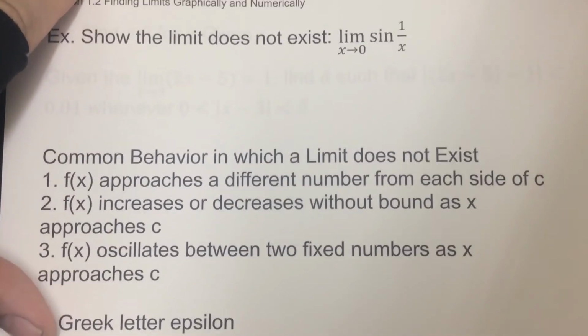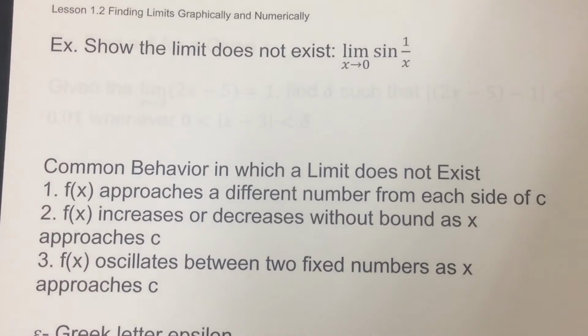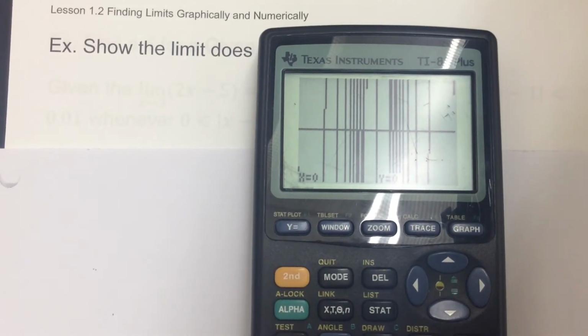Here's going to be our last case. If we pull up the graph, and let's see, I've got a graphing calculator here, of the limit as x approaches 0 of sine of 1 over x, right in the middle it's going to do something like this.